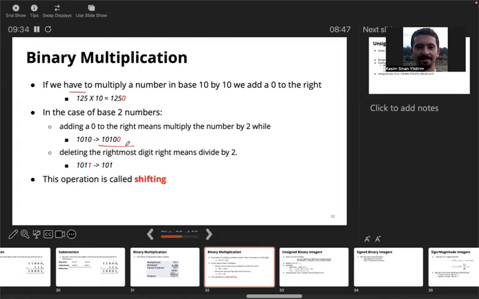And also, if you shift a number one column to the right, for example, if I have this number, I shift it to the right, and I obtain this number. So let's see what is the effect. So 1011, what is that in decimal? This is 11.